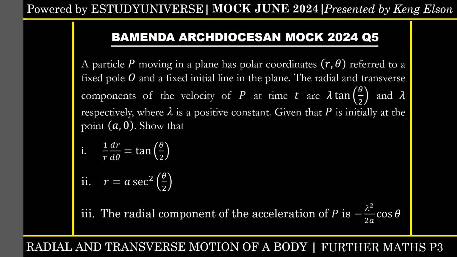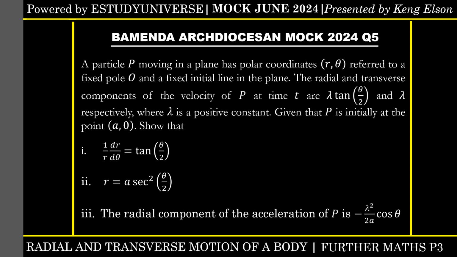Okay, so we move on to the second mock examination we have for today, the Bamenda Archdiocesan mock 2024 question 5. So it reads, a particle P moving in a plane has polar coordinates r, theta referred to a fixed pole O and a fixed initial line in the plane.